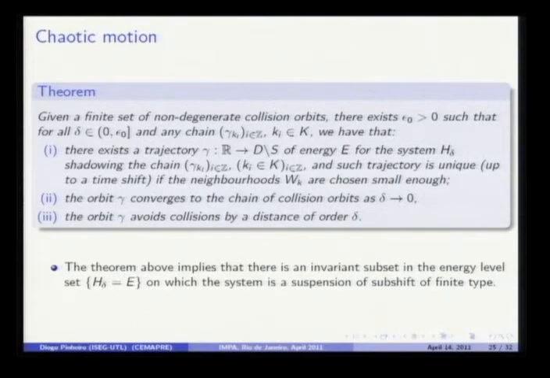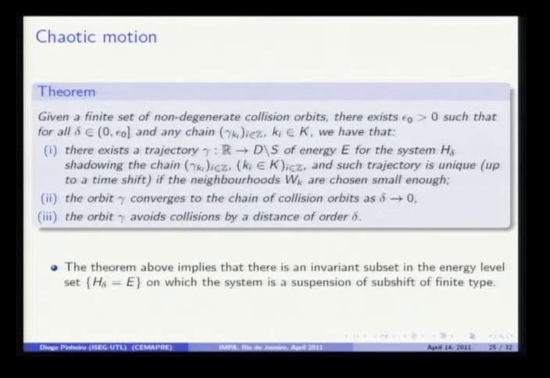Moreover, such a trajectory is unique up to a time shift if we take the neighborhoods of the collision trajectories small enough. This orbit gamma converges to the chain of collision trajectories if you make delta, controlling the size of your interaction potential, small enough.